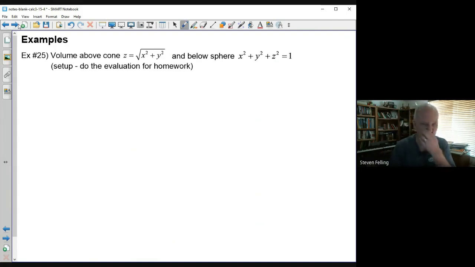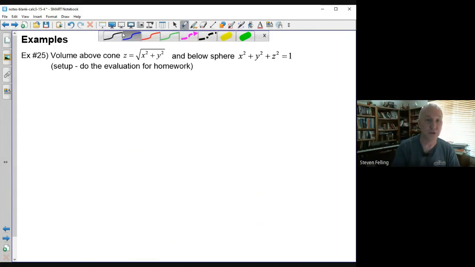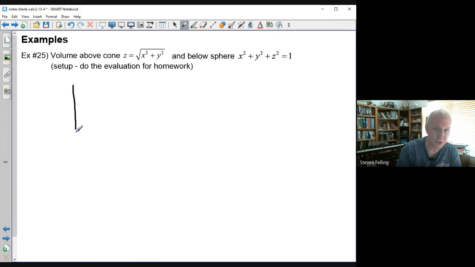All right. So this is actually three-dimensional, which normally we don't do with double integrals. We use triple integrals, which we're going to talk about in the second half after the test. But let's sketch it. We can actually accomplish this particular one with a double integral. First of all, we have a sphere, centered at the origin 0, 0, 0 with a radius of 1.